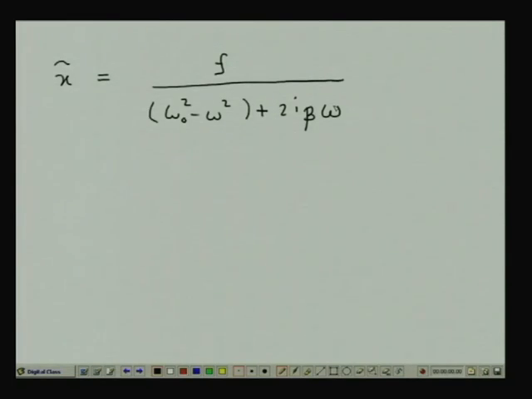Now, to break this number into a real and imaginary part, we have to essentially multiply it with the complex conjugate of the denominator. So, let us do that.